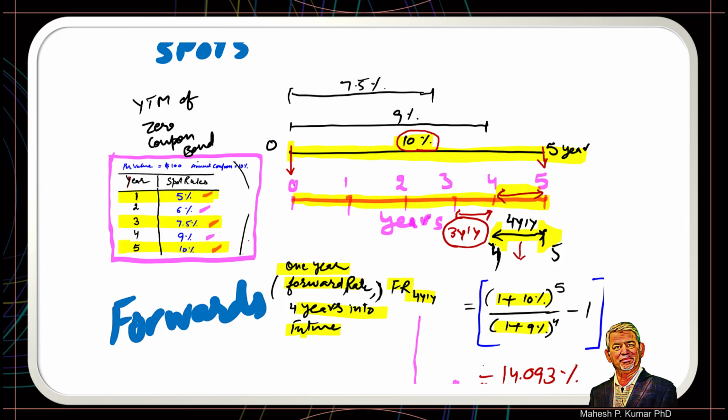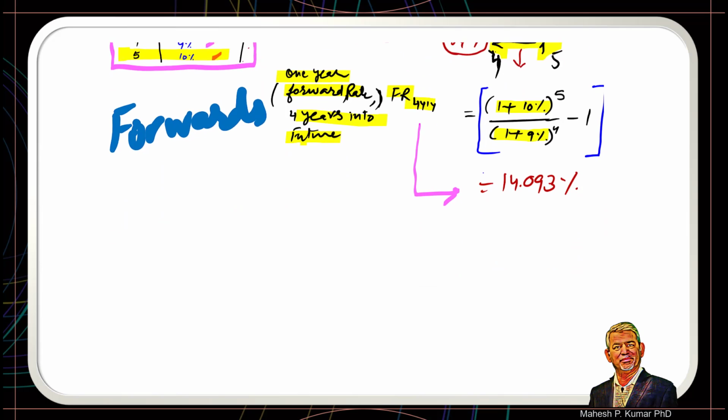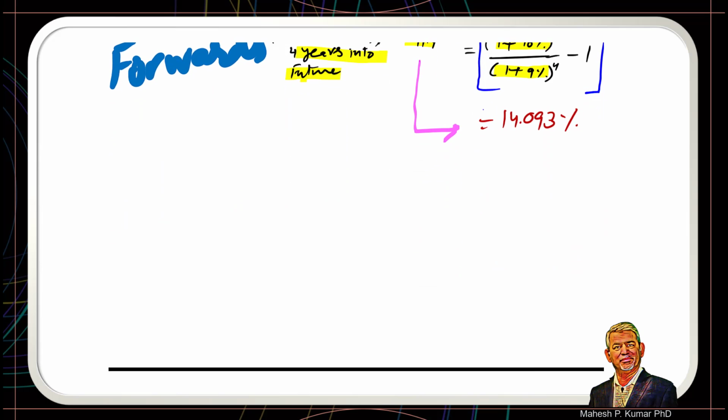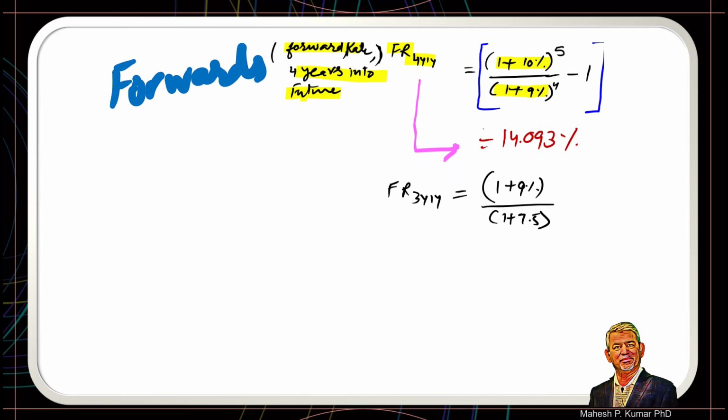Now let us use this formula to calculate the forward rate 3y 1y: 1 plus the fourth year spot rate, which is 9%, divided by 1 plus the third year spot rate, which is 7.5%. Here in the numerator the exponent is 4 and in the denominator the exponent is 3, minus 1. So this is what we have to solve to get the implied forward rate of 1 year, 3 years into the future.